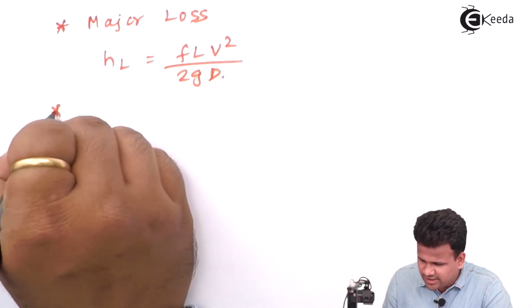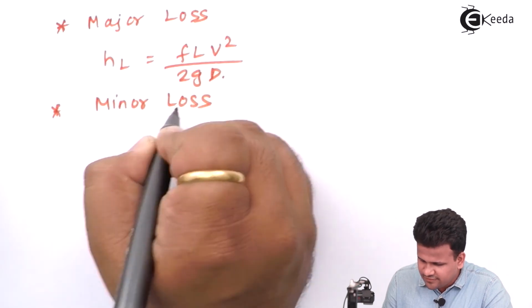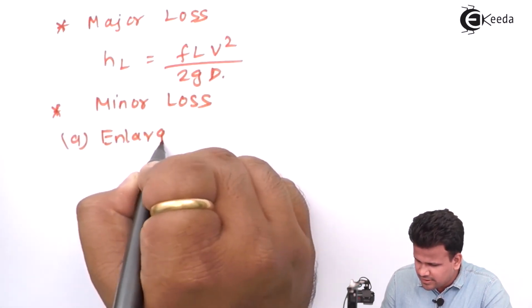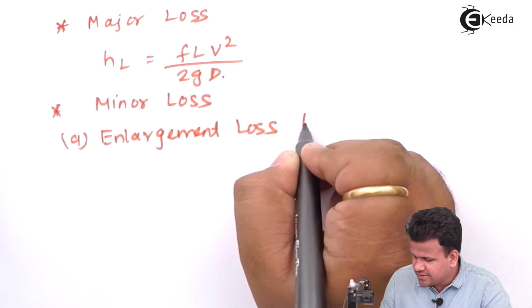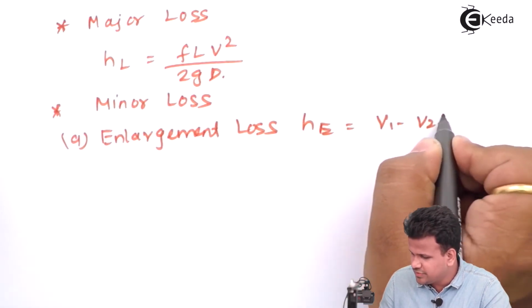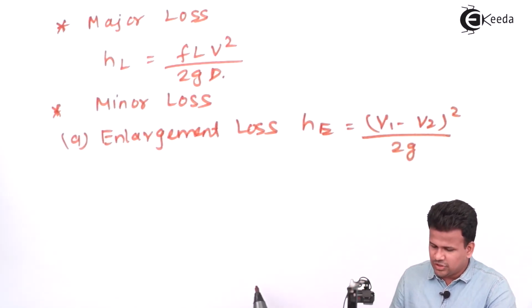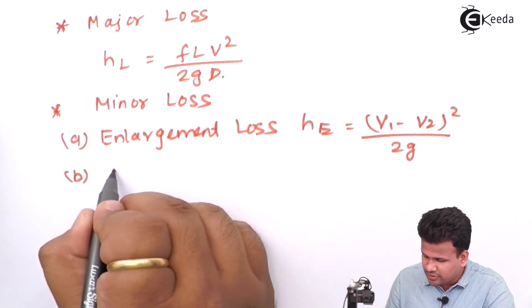Then we have the types of minor losses. First is enlargement loss, that is H enlargement equals V1 minus V2 the whole square upon 2g. Next is head loss due to contraction.